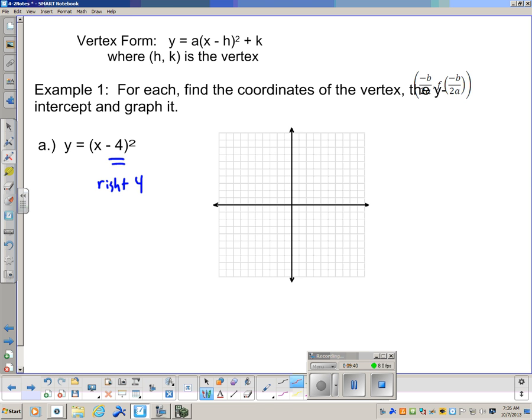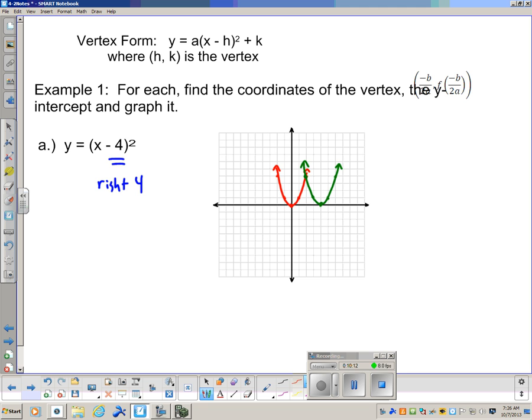Our parent function here was 0, 0, negative 1, 1, 1, 1, and then we had 2, 4, and negative 2, 4. And what you want to do is shift each of these ordered pairs over to the right 4. So I can do that. 1, 2, 3, 4.